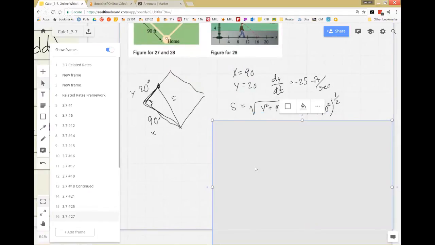So, the equation, the Pythagorean theorem, s squared equals y squared plus 90 squared. And again, that's not a variable, that's a constant. So then if we take the square root of both sides, here's our formula, which we can write as y squared plus 90 squared to the 1/2 power.